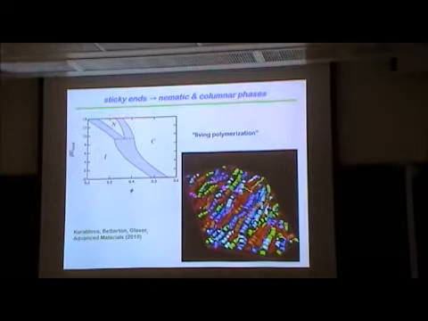You can do simulations of that, and in a system of, say, 6-mers with adhesive ends, you have isotropic, nematic, and columnar phases.